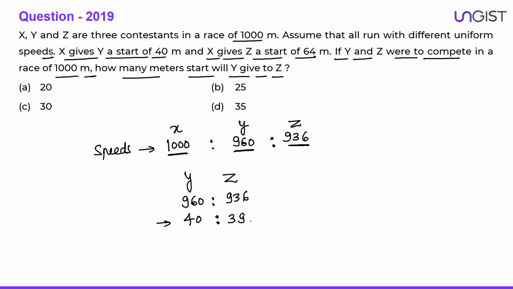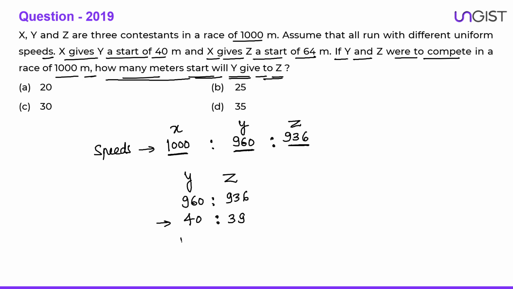The question is saying Y and Z both are running a 1000 meter race. It means when Y is covering 1000 meter, the question is asking how many meters start will Y give to Z? It means when Y is covering 1000 meter, what is the distance covered by Z? We need to find that, and then the difference of those two distances will be the final answer, right?